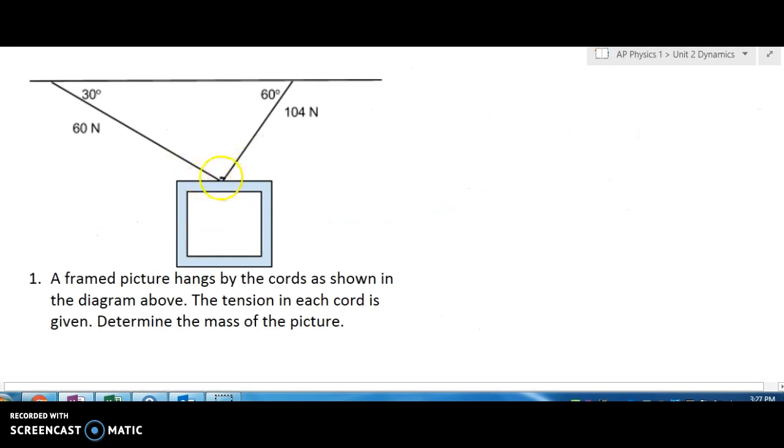So if I'm using this spot where all of the forces act as the place I want to draw my free body diagram, remember, forces are vectors, and vectors are denoted with arrows. So you've got to put that little arrowhead on there, okay? So that one I'm going to call force tension 2, and it's equal to 104 newtons.